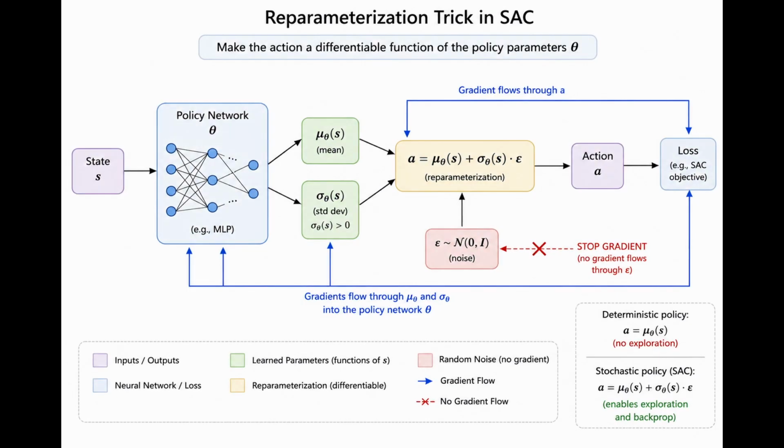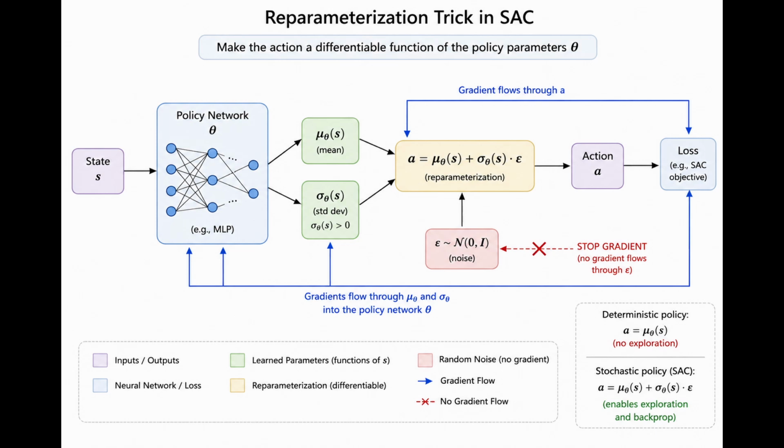The SAC bridge. A nuanced middle ground is soft actor critic, SAC, technically a stochastic policy, but one that uses the reparameterization trick to get deterministic-style gradient flow. a = μ_θ(s) + σ_θ(s) · ε. Epsilon is approximately normal with mean 0 and identity covariance. By factoring the randomness into a noise variable epsilon that's independent of theta, you can backpropagate gradients directly through the sampled action.